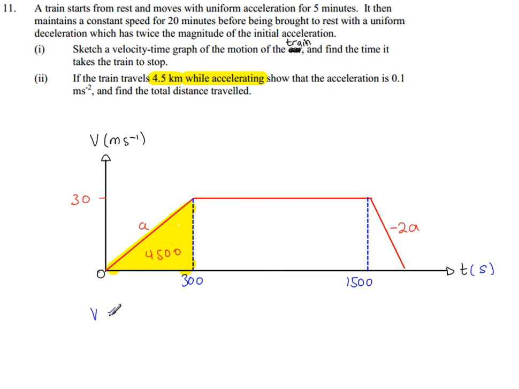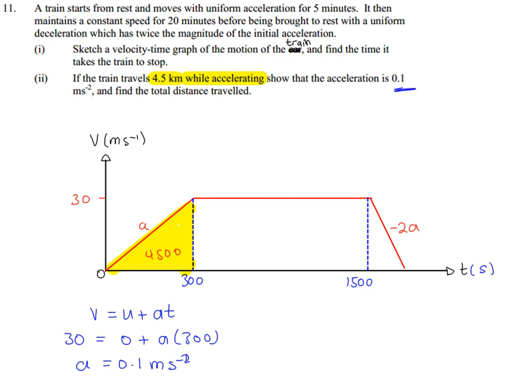So using v is equal to u plus at, so 30 is equal to 0 plus a times 300. So a is equal to 30 divided by 300, which is 0.1 meters per second squared, which is this.